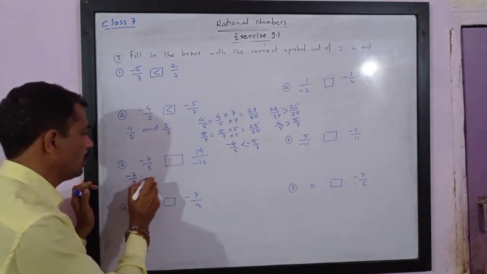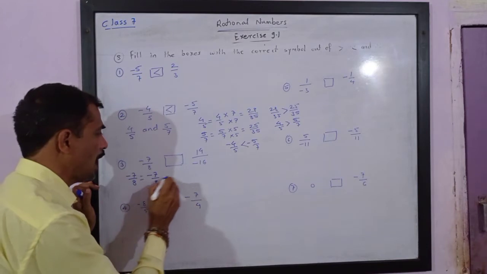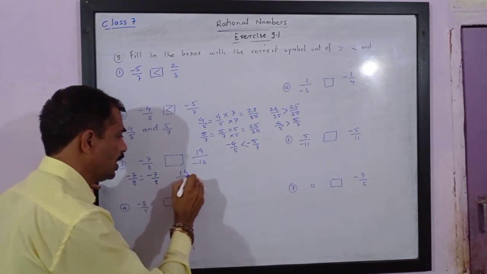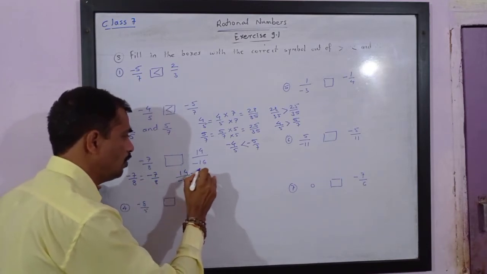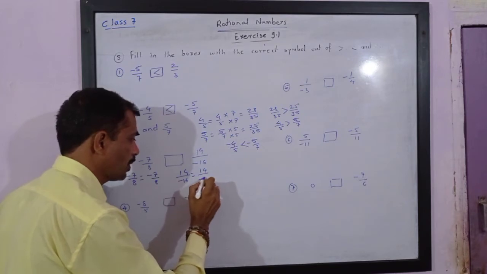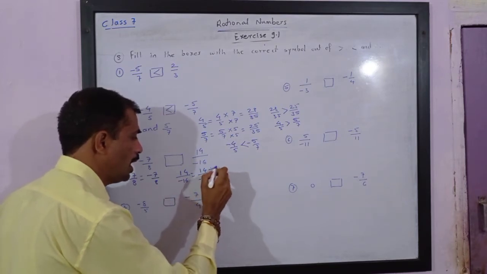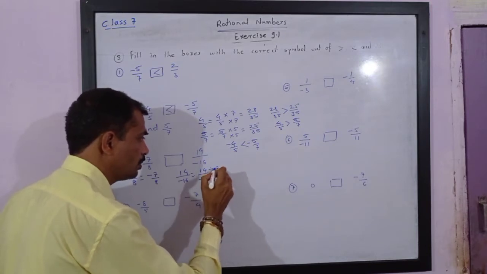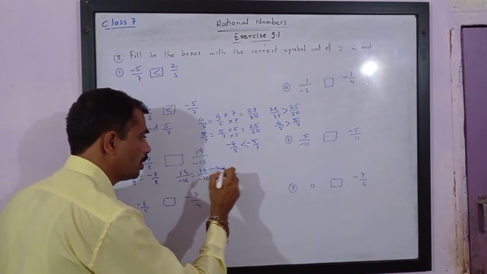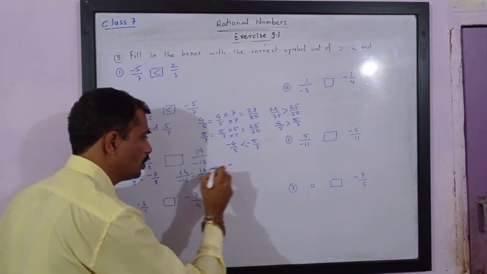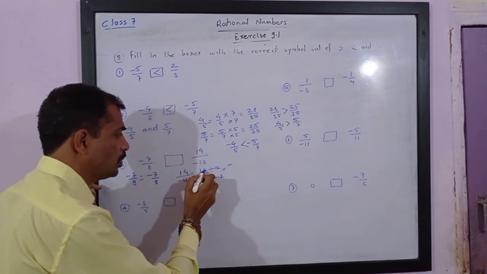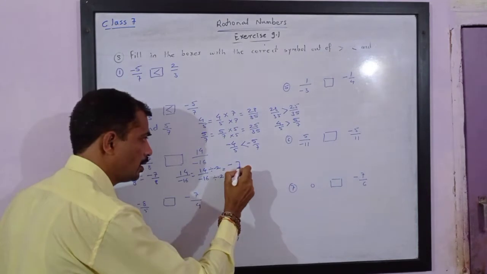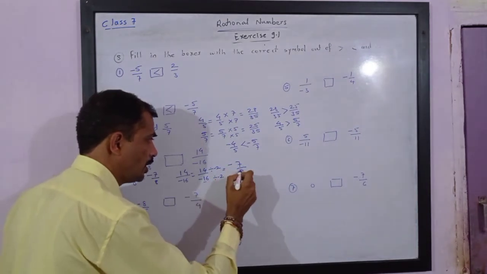So negative 7 upon 8 I am keeping as it is, and 14 upon negative 16, if it is divided by negative 2, we will get negative 7 upon positive 8.